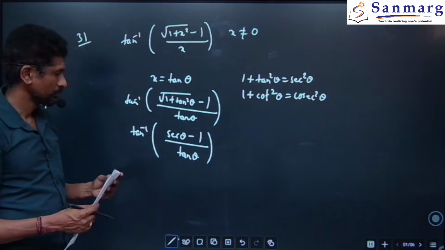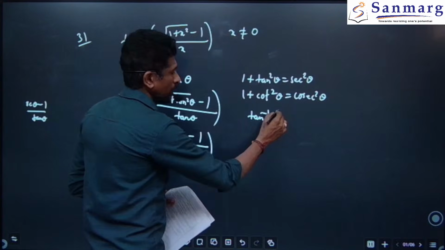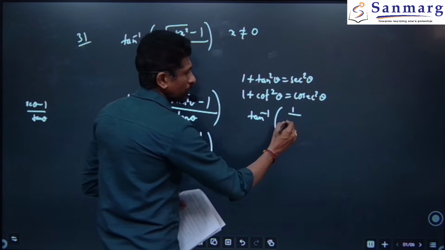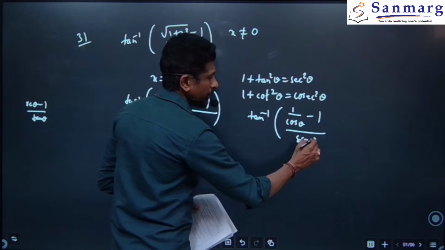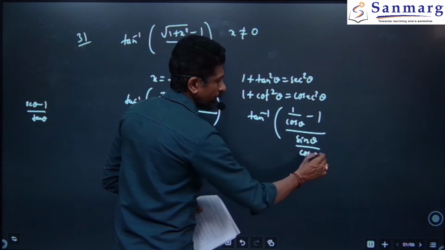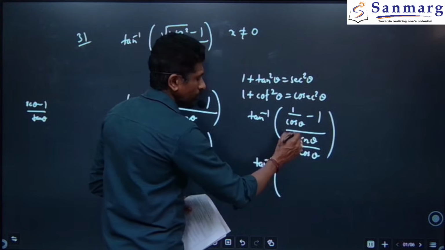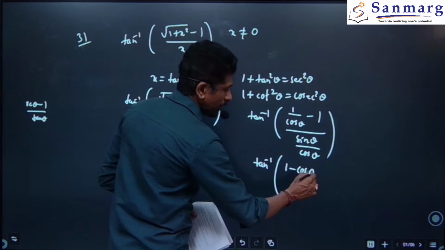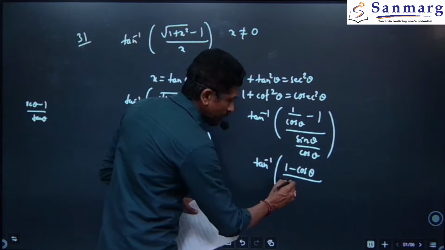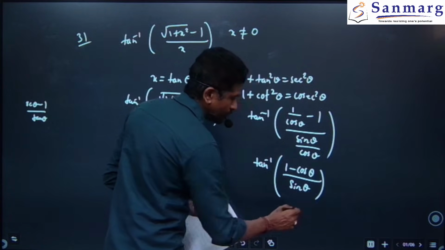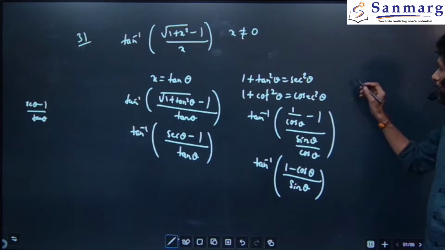Secant theta you can write as 1 by cos theta, and tan theta is sin theta by cos theta. Now tan inverse of 1 minus cos theta comes in the numerator, cos theta gets cancelled, and in the denominator you will get sin theta. Now again simplifying this, tan inverse will be as it is.